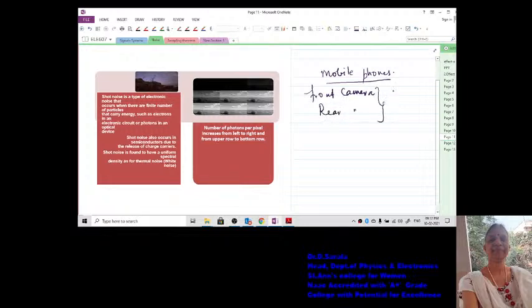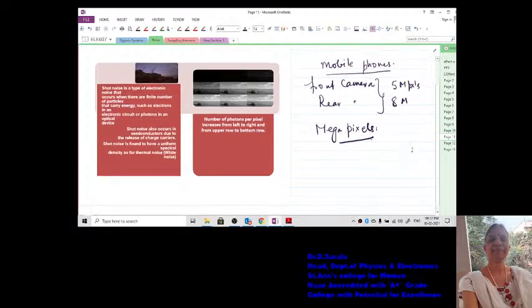They say 5 megapixels and then 8 megapixels. So this is megapixels, 10 to the power 6. You must be seeing the advertisements, you all know much better about these mobile phones and their resolution. The higher the number of pixels, the better the resolution.